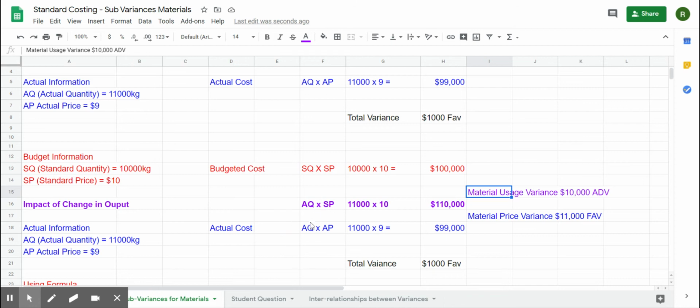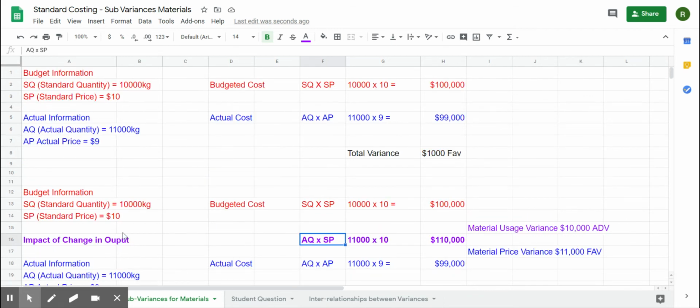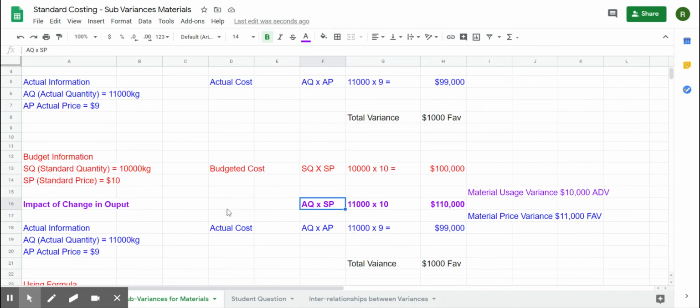But what we do is the first stage, we're going to look at the actual quantity of raw materials used, but then keep the price as with the original purchase price in the budget. So we've used 11,000 kilograms. If we'd used them at the budget price, then the total cost of buying the raw materials would have been $110,000.